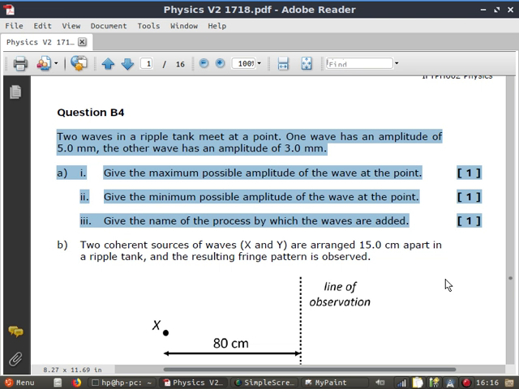A ripple tank just means a tank of water, and the water is moving in the tank. English, Ben? Two ways.